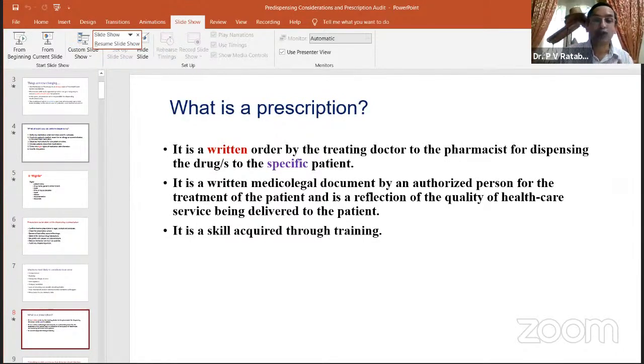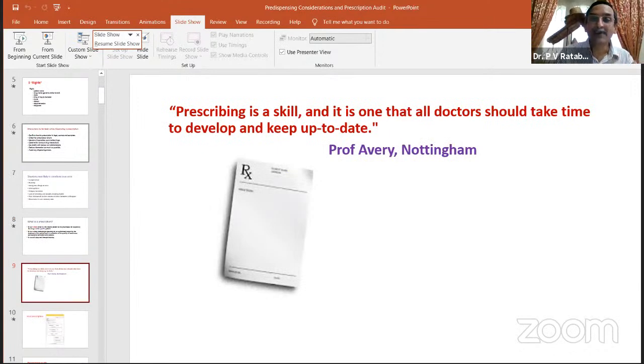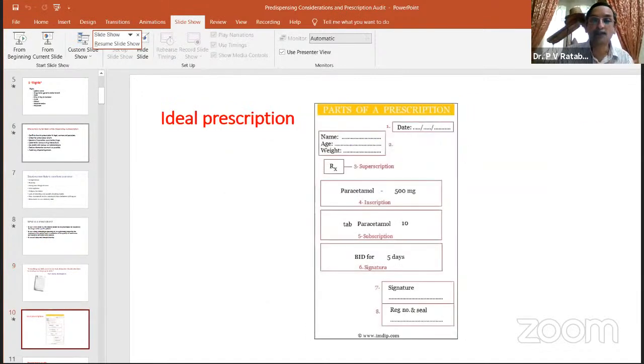So it goes without saying, it is a skill acquired through training. As Professor Avery has beautifully put it, prescribing is a skill, and it is one that all doctors should take time to develop and keep up to date. But unfortunately, this is not happening.